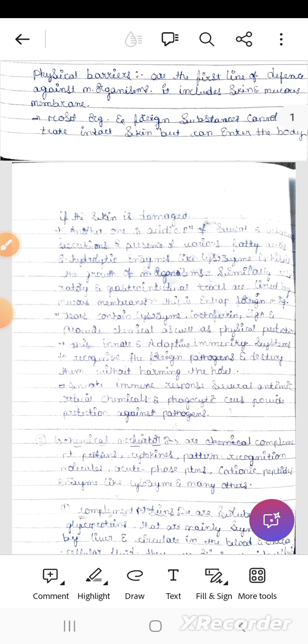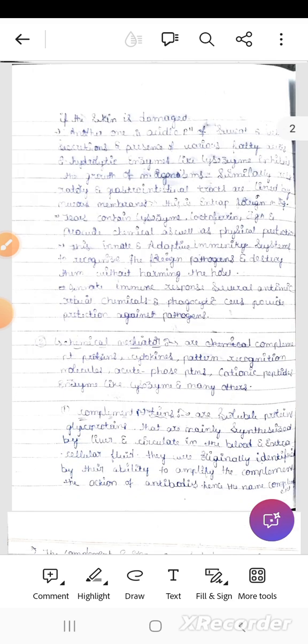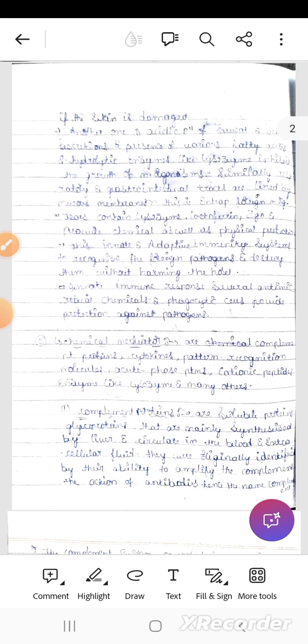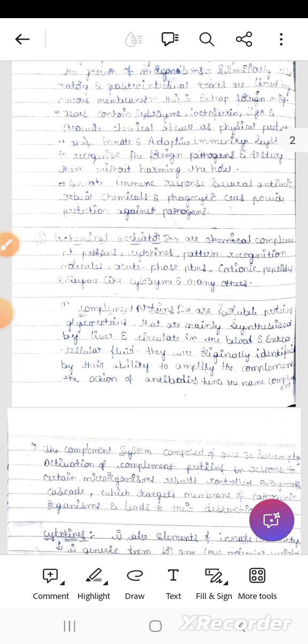The innate and adaptive immune systems recognize foreign pathogens and destroy them without harming the host. In the innate immune response, several antimicrobial chemicals and phagocytic cells provide protection against pathogens. The first is the physical barriers and the second is the chemical mediators.